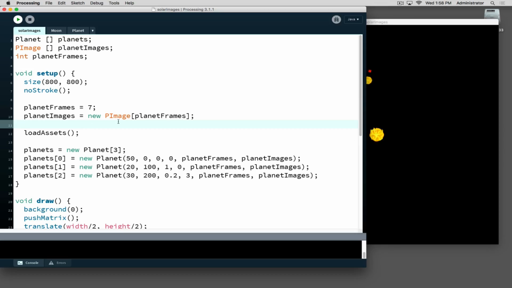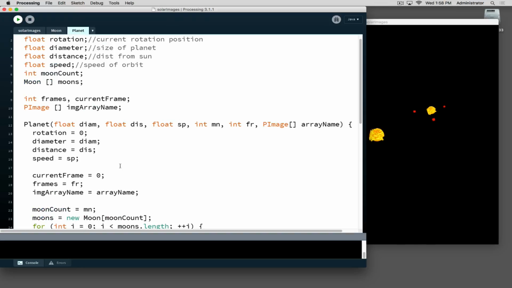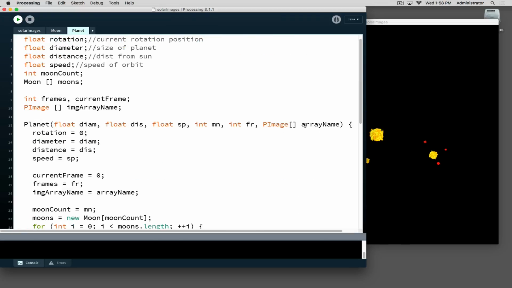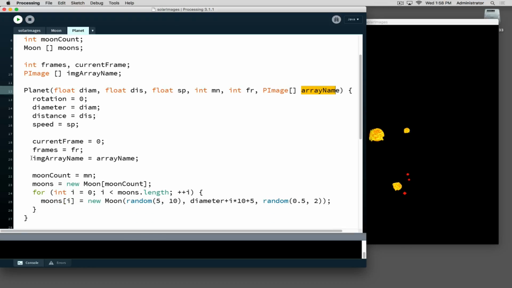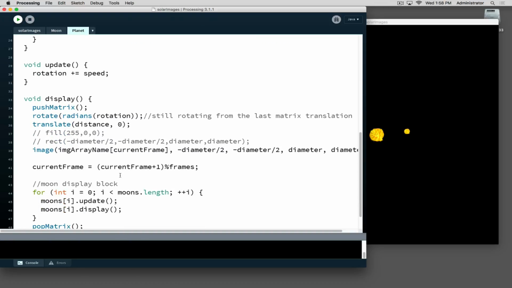With these images, if we look at the planet class, we'll see that the planet class is being passed in the array of image names. My image array name is the variable I chose to call it. Inside my display function, we will see where it's being used.